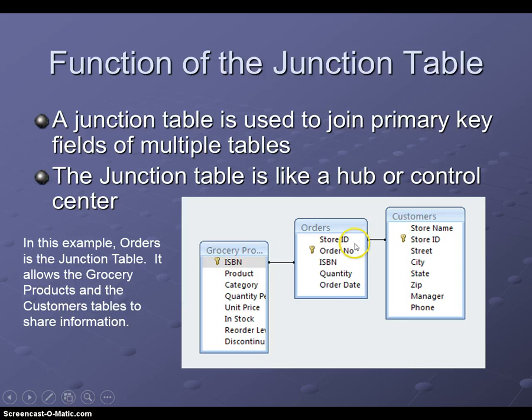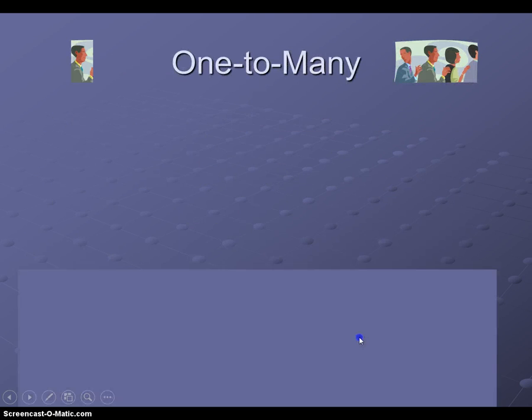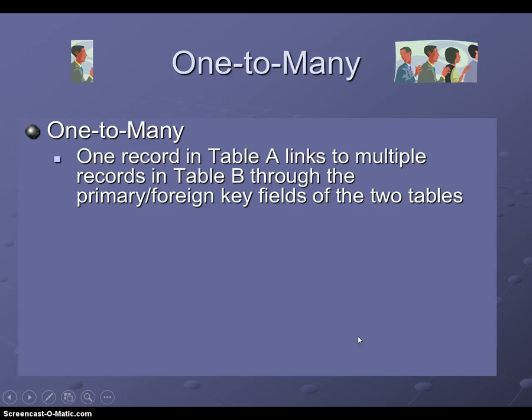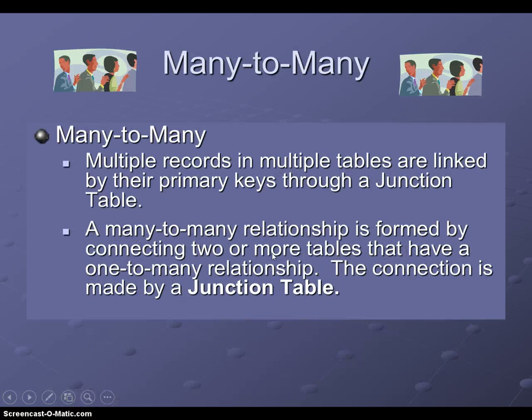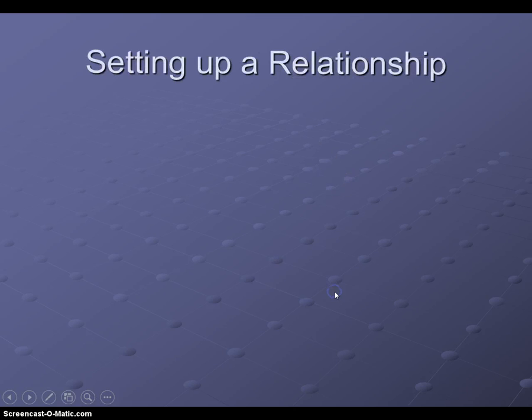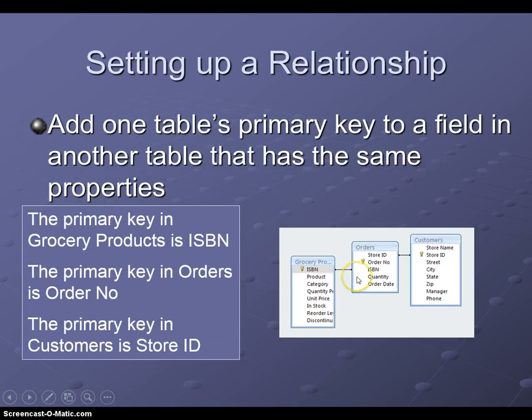So orders is a junction table that is created just for the point of joining these two tables together. A one-to-many relationship means that one record in a table goes with many records in another table. Many-to-many means that many records in one table go to many records in another table. Again, you must have a junction table in order to do this. The main ones we're going to be dealing with are one-to-many relationships.